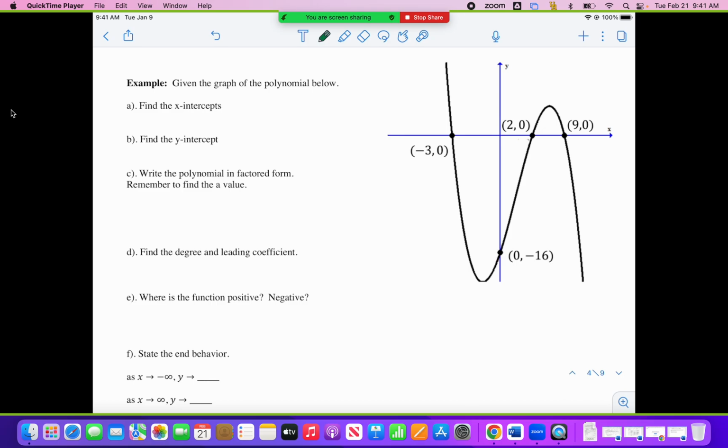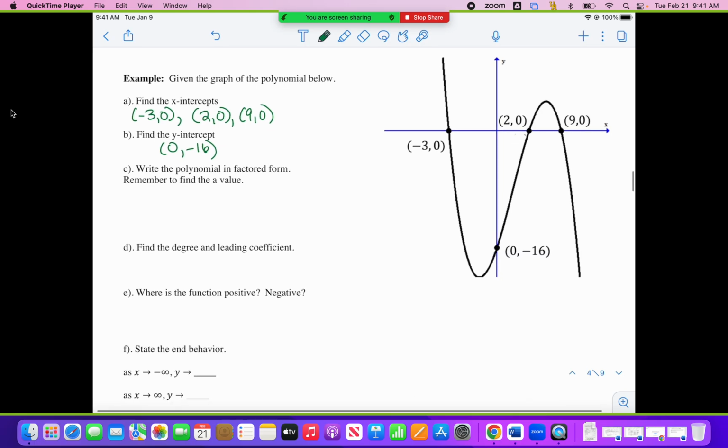All right, I'm going to go ahead and start this. The x-intercepts are at (-3, 0), (2, 0), and (9, 0). The y-intercept is (0, -16). Okay, you just read those off the graph. Now, if I want to write the polynomial in factored form, because of the end behavior, do you see this is an up-down?